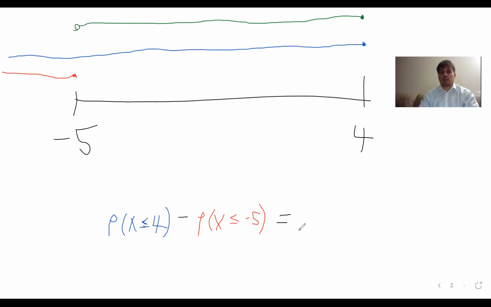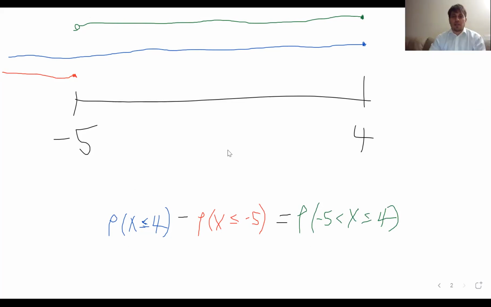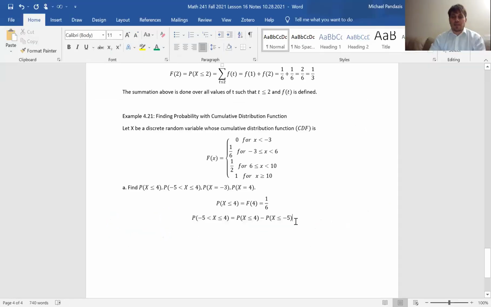And the probability of the green region is the probability that -5 is strictly less than x less than or equal to 4. Yeah, you take the blue region, remove from it the red region, and you're left with the green region. Okay, so we have this equality here. Okay, and so that means this is equal to this minus that.